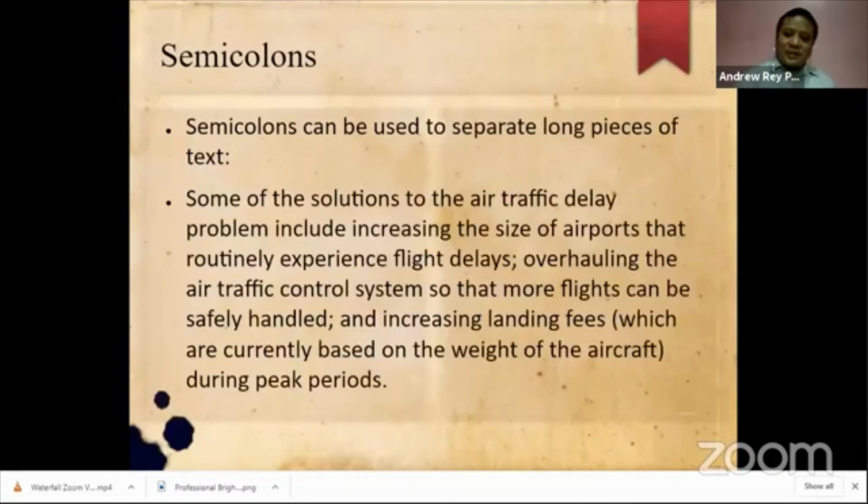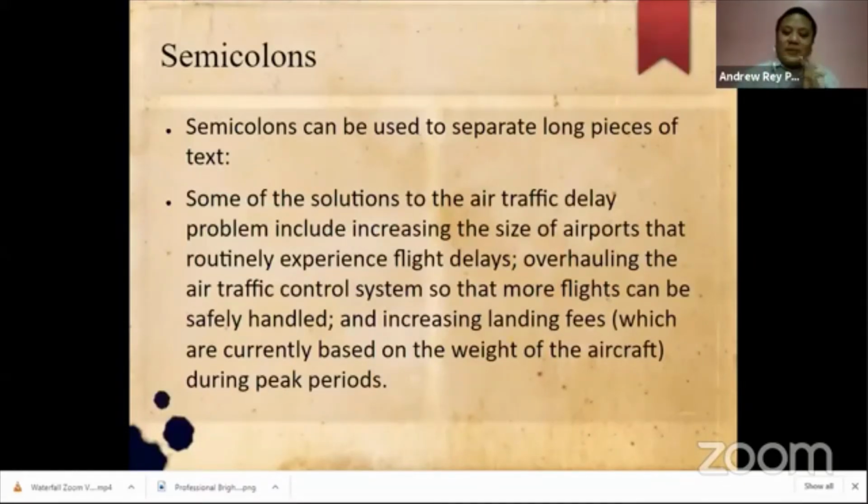Now here's another use of semicolons. Semicolons can be used to separate long pieces of text. Okay, if it's long, instead of using a comma, you can use a semicolon.